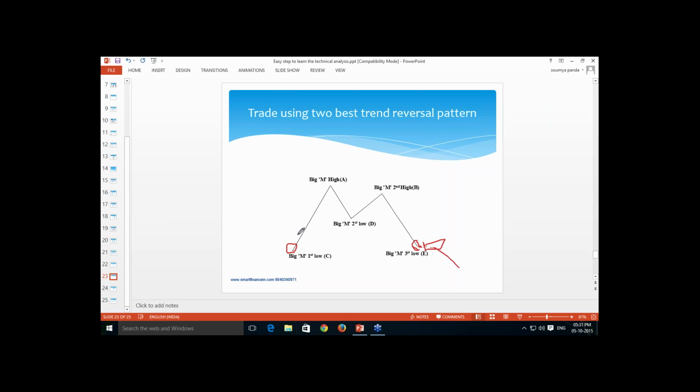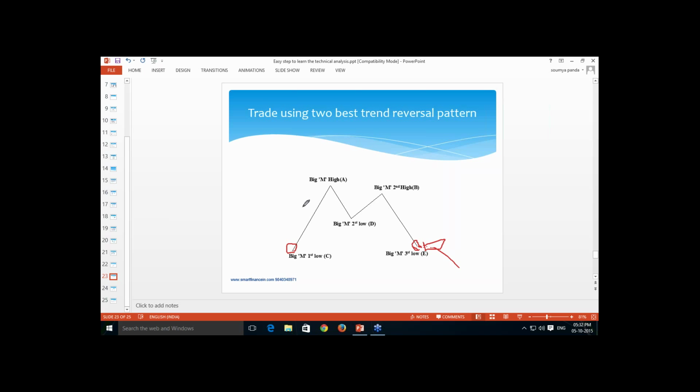And same logic here. Before you estimate this particular pattern, most of the events would have happened, only 2 legs or 3 legs would have happened.